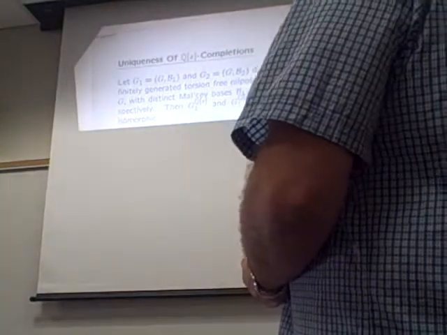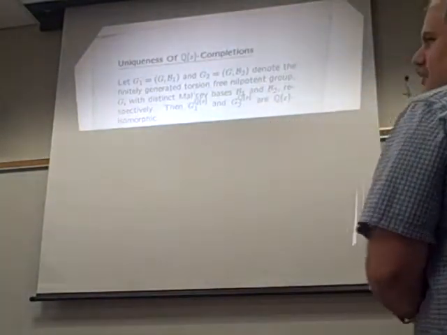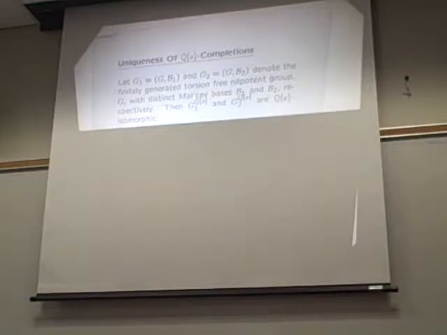So anyway, earlier I said something which nobody questioned. When I have a group and I take its Q completion or Q^X completion or R completion, it turns out that the completion depends upon the Maltsev basis that one chooses.